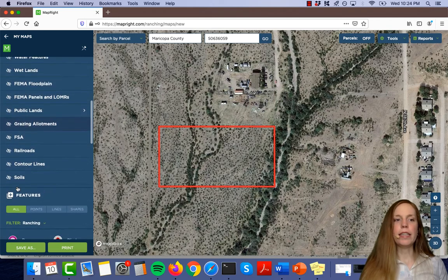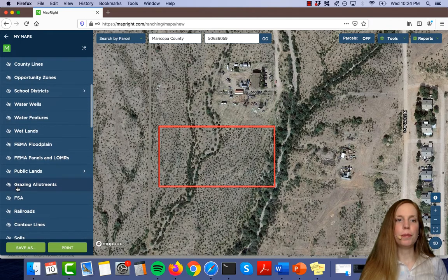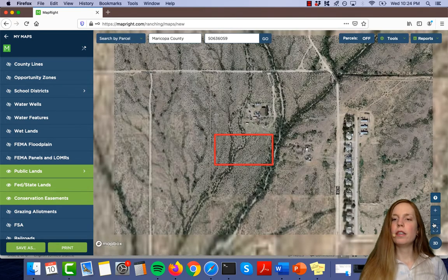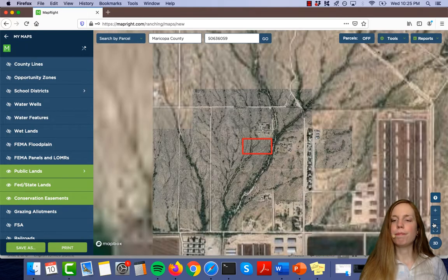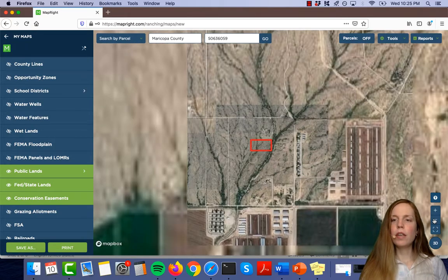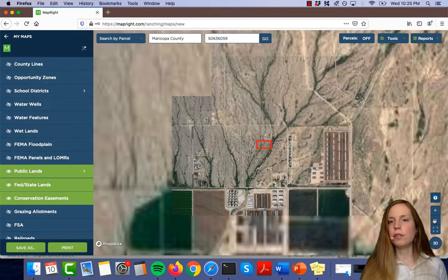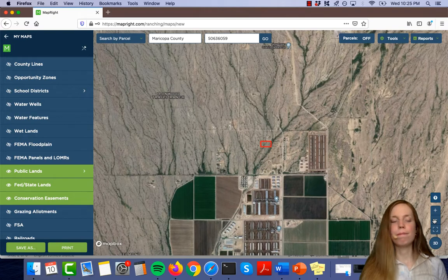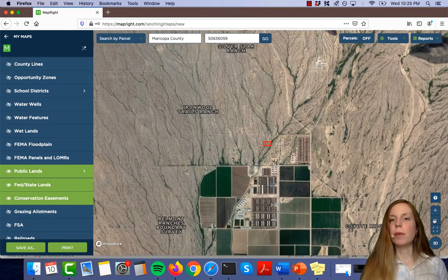Right. Now we're getting to some of my favorite features. First one being public lands. So if you look at a lot of rural vacant land, you'll start to see that some of the best features in the surrounding area are the public land nearby.